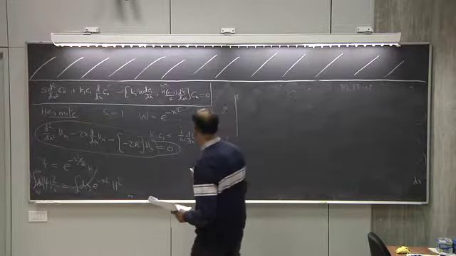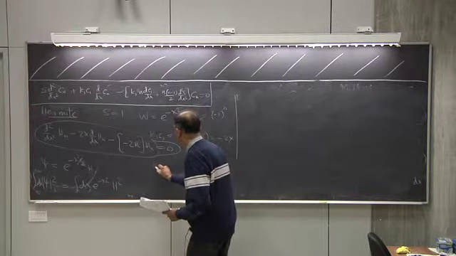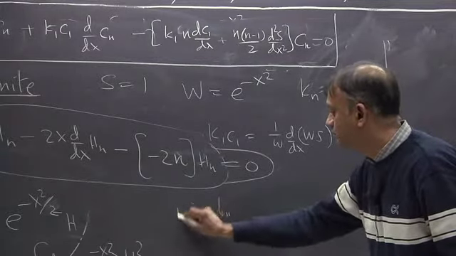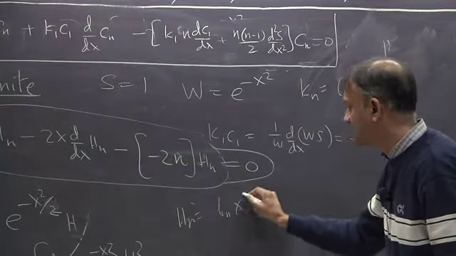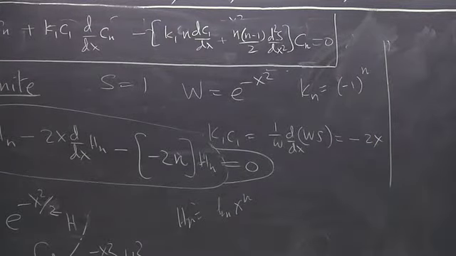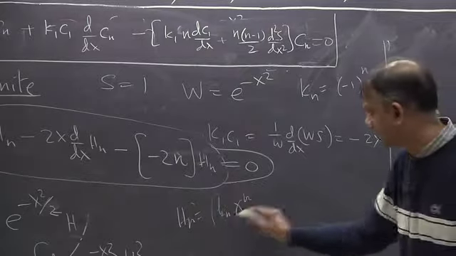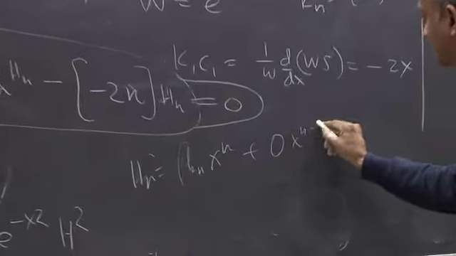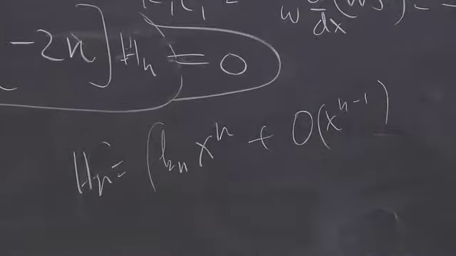Then we can determine what is Kn, because remember, Kn is the coefficient of x to the n. So let's see how we can determine this coefficient, plus order x to the n minus 1, a polynomial of degree n minus 1.